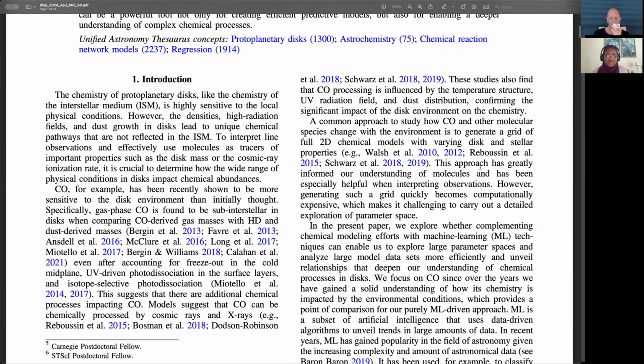Traditionally, the way that we have gone about doing this has been to generate large grids of chemical models and tweak parameters and see how the molecules respond to those changes. This has been very useful to understand the molecules and how they respond to all the conditions that we see. But one challenge with this approach is that it's quite computationally expensive to generate the grids.